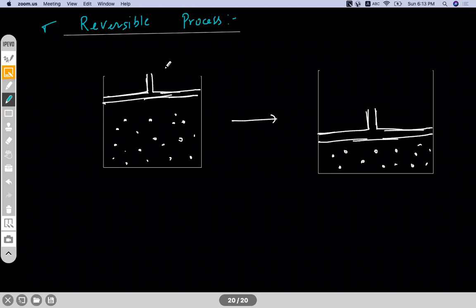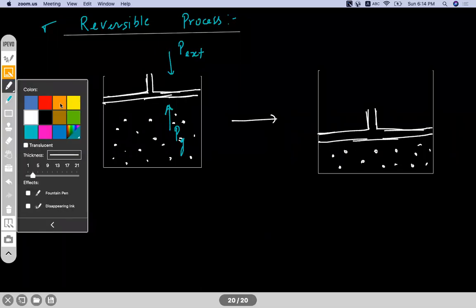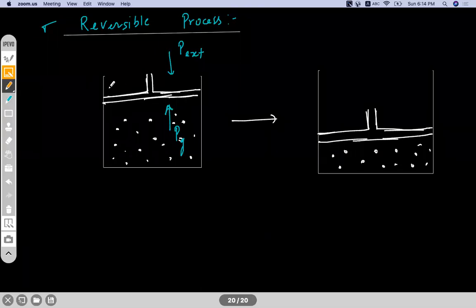So what happens here initially, we have the external pressure, P external, and we have the internal pressure, that is the pressure of gas. Okay. Now what we do, it is here in the equilibrium, right? Now if you place a stone on the top of it, what happens then? Could you tell me?